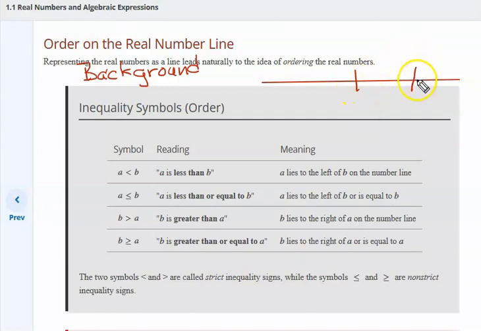And in a like way, anything to the right of something is greater than anything to the left.